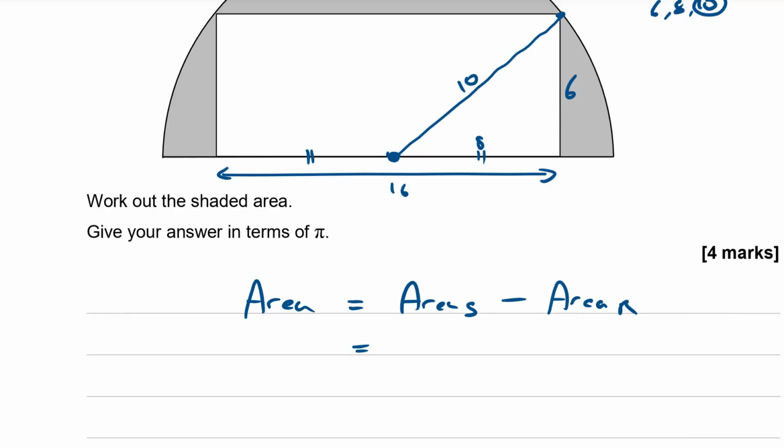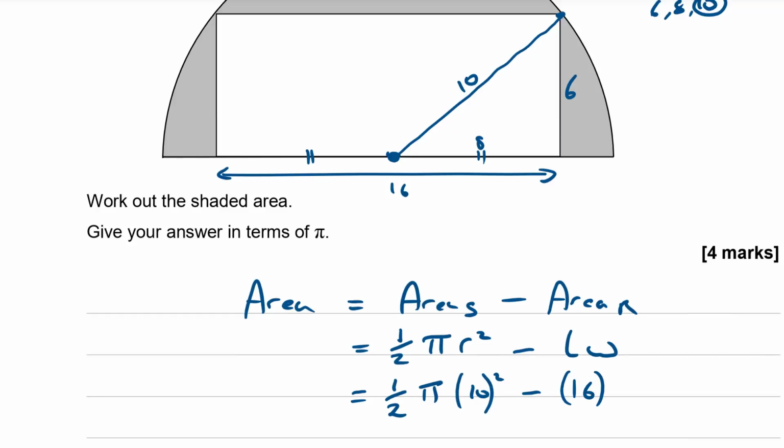Now, a semicircle is going to have an area of half pi r squared, and the rectangle has area length times width. So subbing in what we know, that's half pi. We worked out that the radius was 10, and the length and width of the rectangle is 16 times 6.